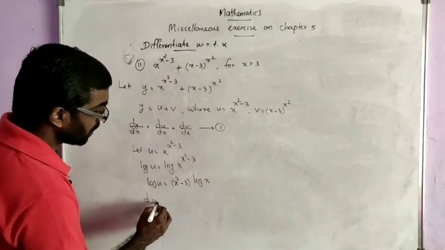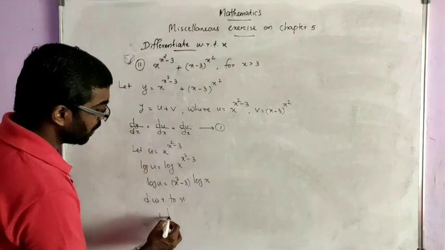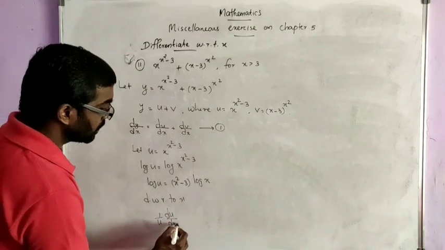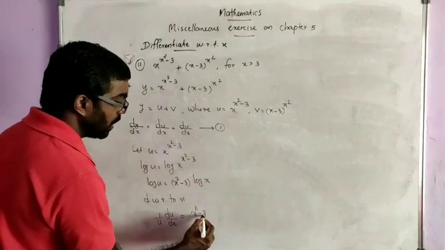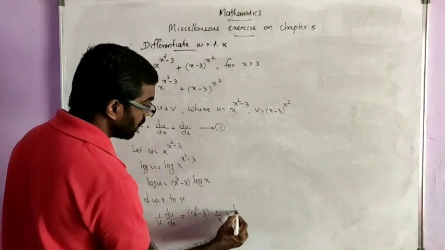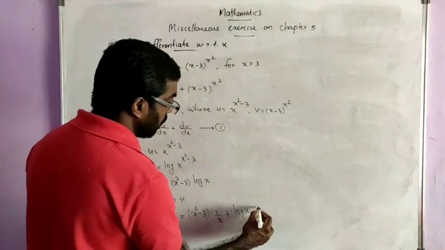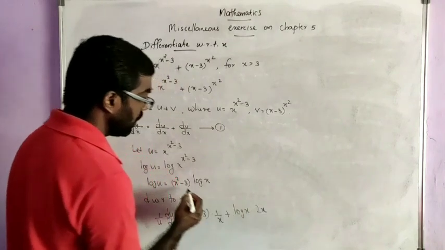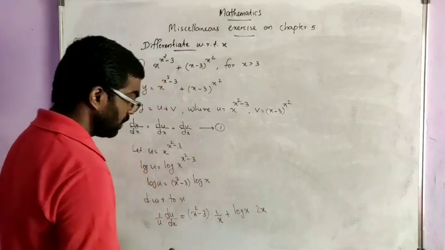Now we can differentiate with respect to x. So 1 by u into du by dx, which is equal to, here product rule, x square minus 3 into derivative of log x, it is 1 by x, then plus log x into derivative of x square minus 3, derivative of x square is 2x and derivative of 3 is 0. So the final answer is 2x.